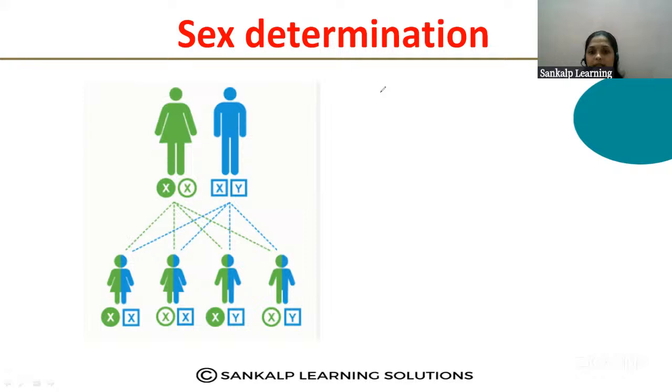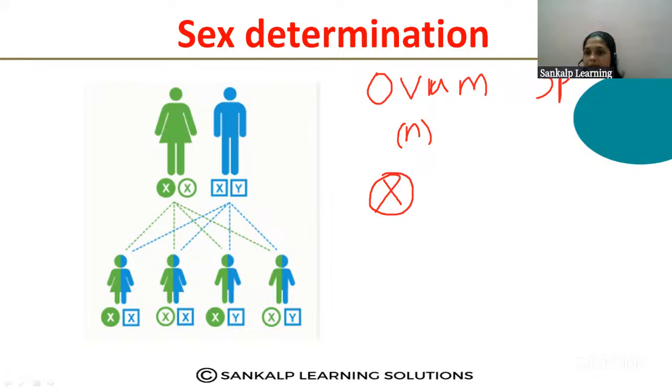During the formation of the ovum, the ovum is haploid, right? This ovum always contains the X chromosome. Then the sperm may contain the X chromosome or the Y chromosome.